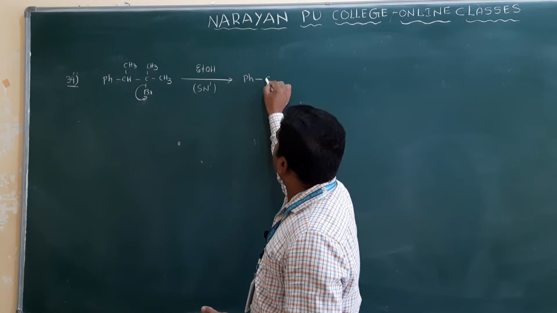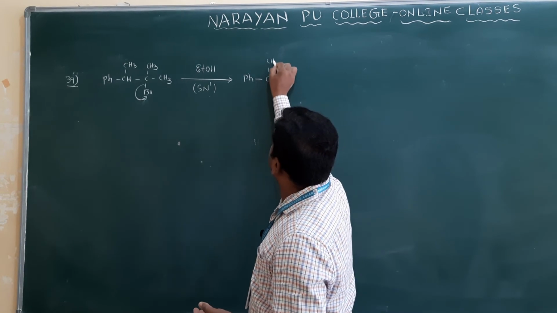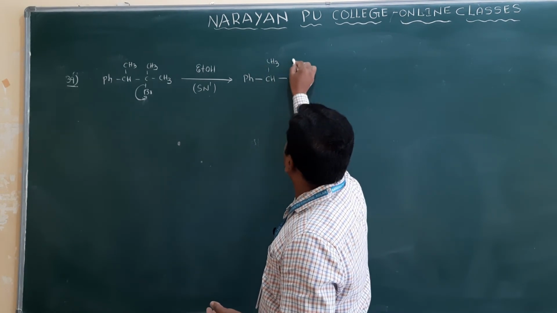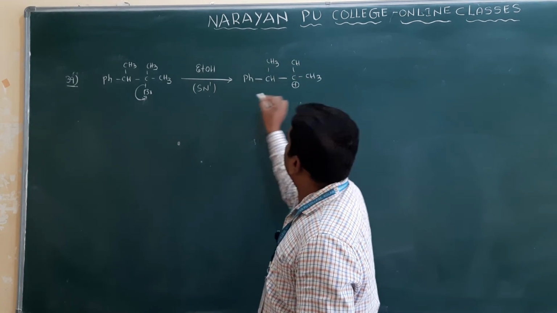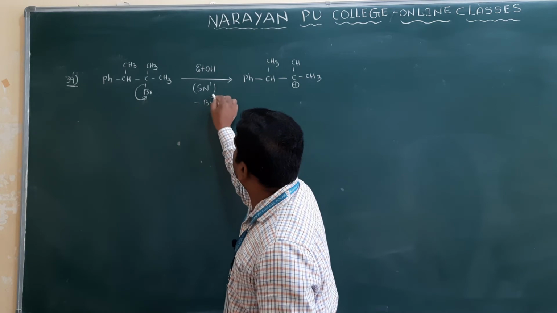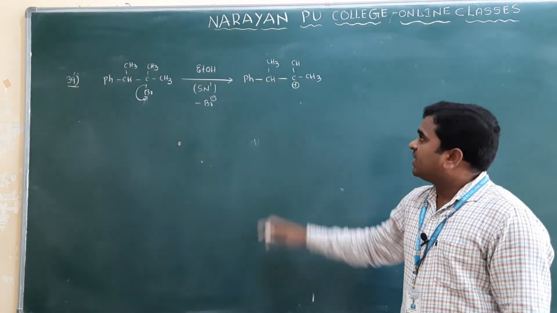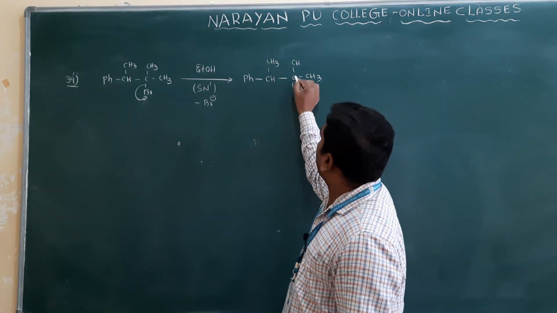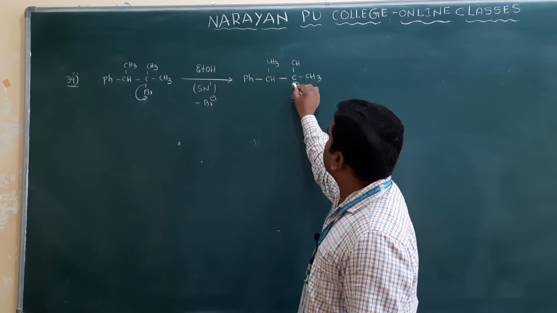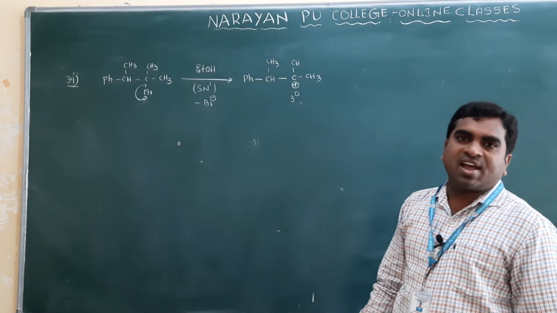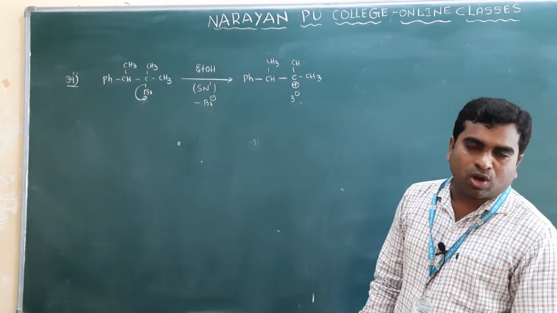So you will get CH, CH3 and here CH3, CH3. You will get a positive charge here. Which ion is removed here? Br minus ion. This is the carbocation. Which carbocation is this? It is a tertiary carbocation, because the positive-charged carbon is not attached to any hydrogens. So it is a tertiary carbocation.